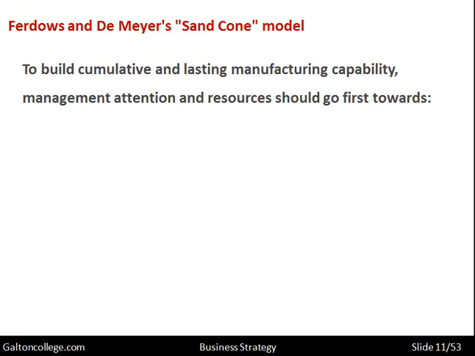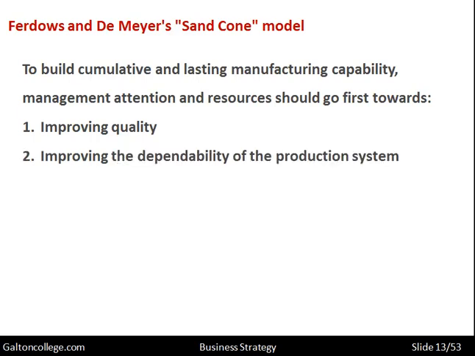To build a cumulative and lasting manufacturing capability, management attention and resources should first go towards improving quality. It's not as if quality and dependability are equal. Quality, according to this view, is more important. So improving dependability of the system is next.